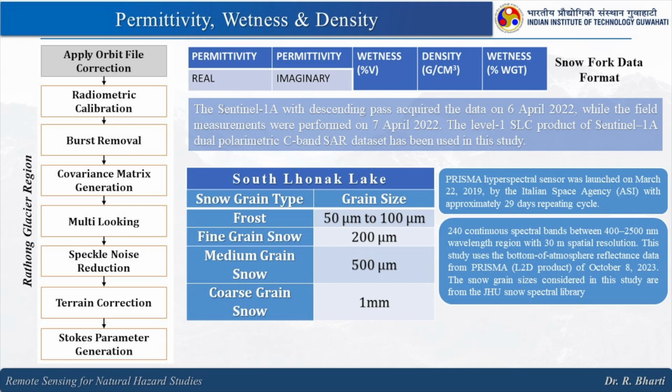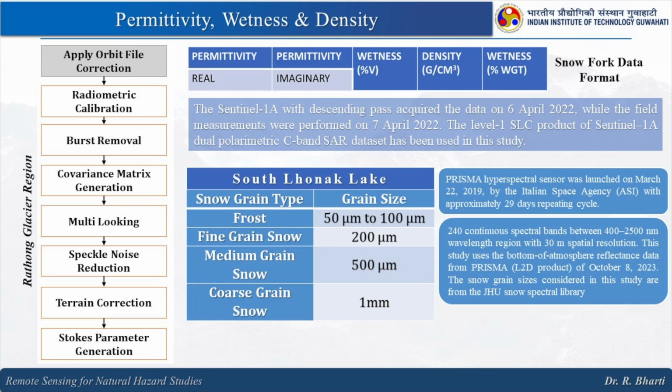The level 1 SLC product of the Sentinel-1A dual polarimetric C-band SAR dataset has been used in this particular study. And as I mentioned earlier, the PRISMA hyperspectral sensor was also used here, which is from the Italian Space Agency, and which has 240 contiguous spectral bands between 400 to 2500 nanometer, and 30 meter spatial resolution for this dataset.